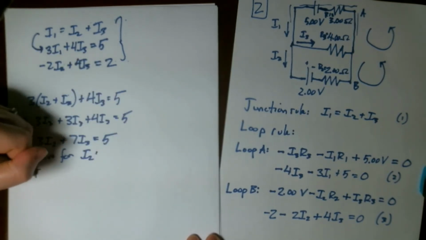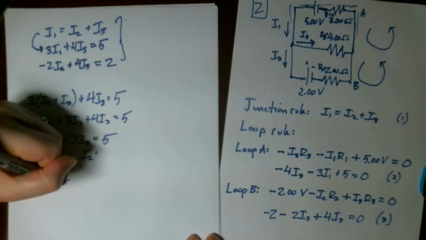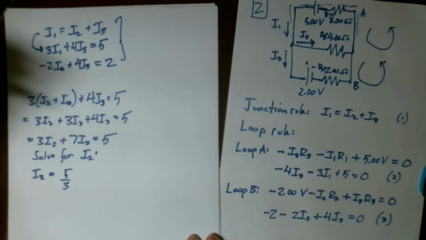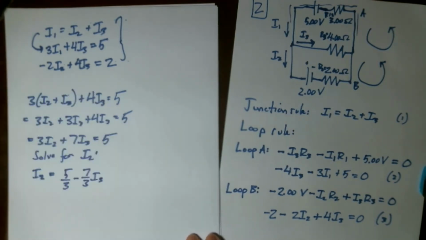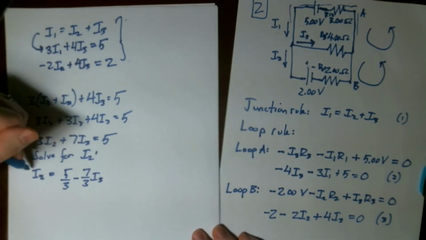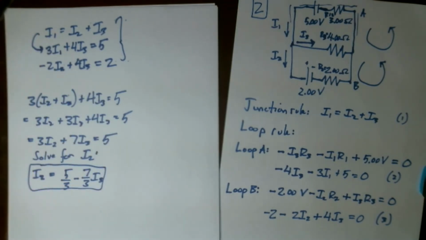So I2 equals 5/3 minus 7/3 I3. So we have an expression for I2. What do we do with that expression for I2 in terms of I3? We'll plug that into the bottom equation.